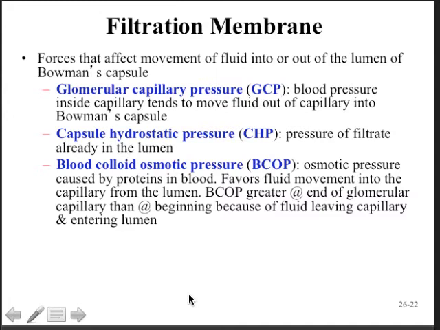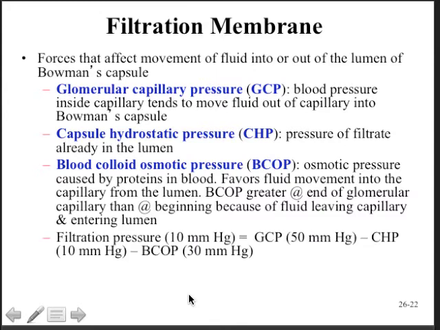Remember that this osmotic pressure is greater at the end of the glomerular capillary than at the beginning because of the fluid that leaves the capillary and enters the lumen. So when we end up computing the net filtration pressure, we get about 10 millimeters of mercury into Bowman's.